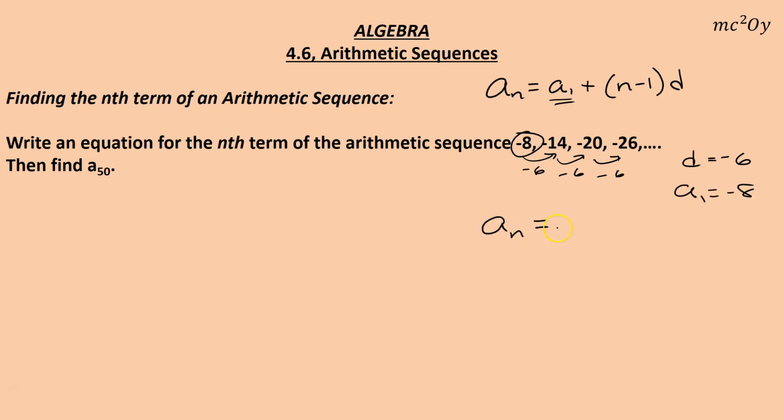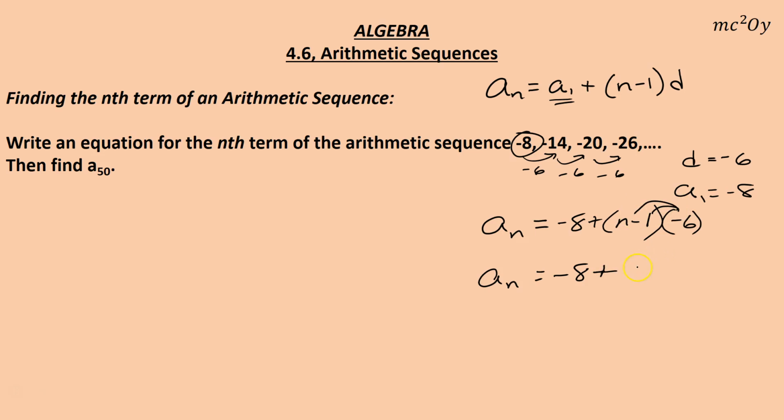I have everything I need to write my equation. A sub n equals a sub 1, negative 8, plus n minus 1 times d, negative 6. Now, anytime I have a negative for a difference, I'm putting it in parentheses like that. Let's change that to slope-intercept form. A sub n is equal to negative 8 plus, well, I'm going to distribute this.